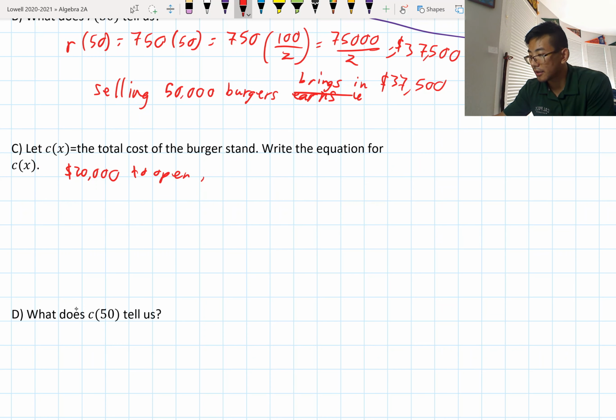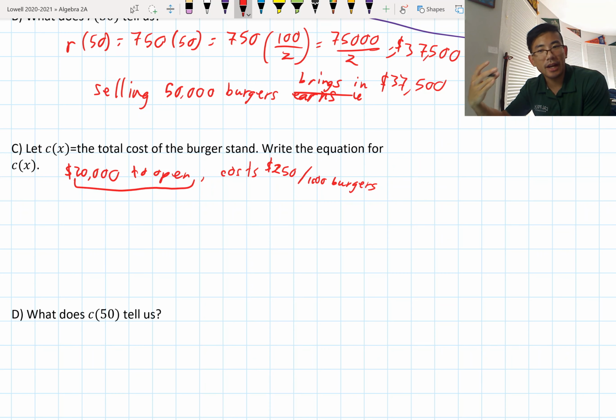And then it costs us $250 per 1,000 burgers. So really, we see the flat fee for just opening it, and then this continuous rate. So that is going to be our slope here, and that's our y-intercept. So nothing too crazy here.